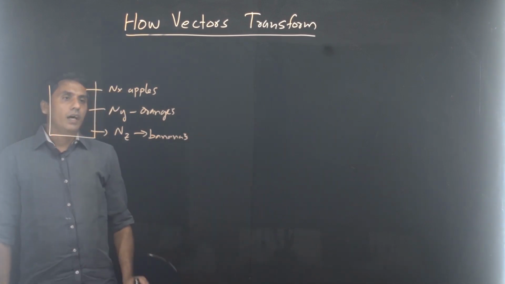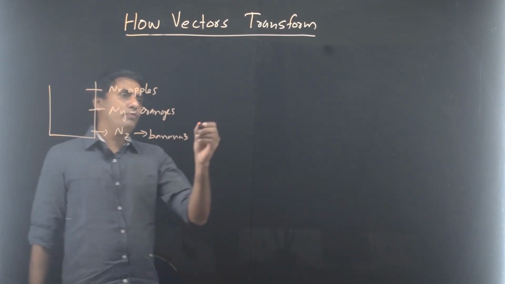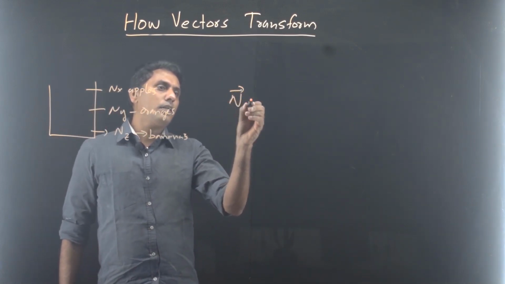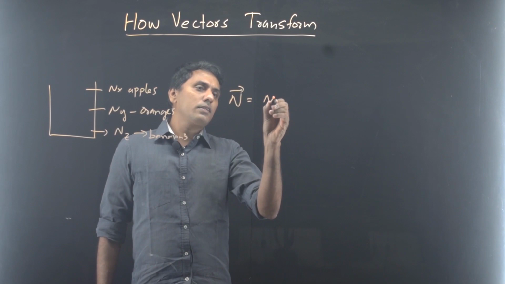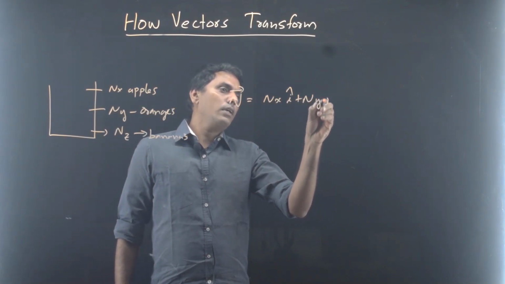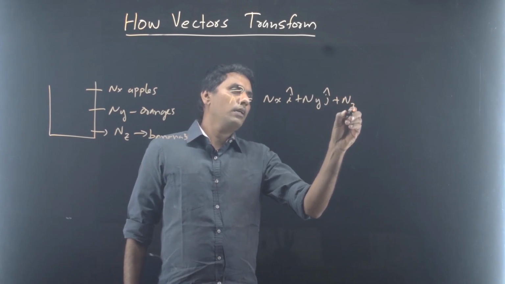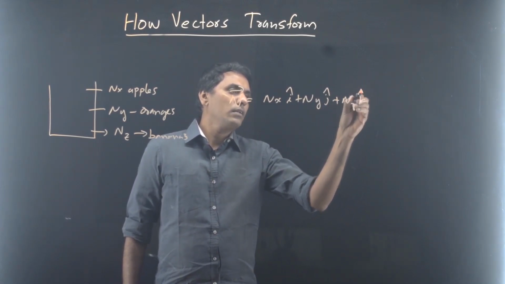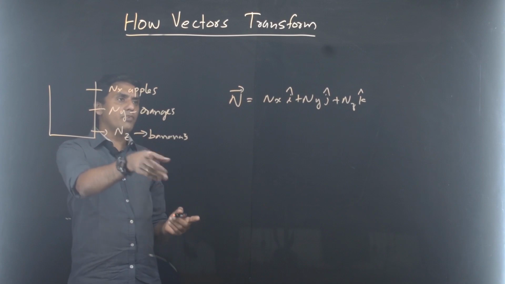Now if I say that n is equal to nx i plus ny j plus nz k, does this form a vector?